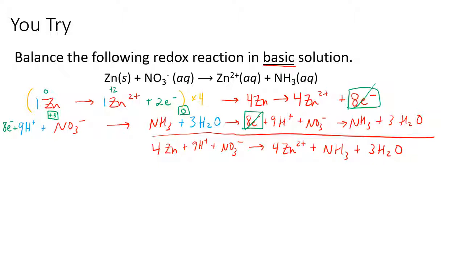Now we want to determine how many hydroxides we need to add. We have 9 hydrogen ions on the left, so that tells us we need to add 9 hydroxide ions to both sides. So 9 hydroxide on the left and 9 hydroxide ions on the right. Our 9 hydroxides combine with our 9 hydrogens to form 9H2O.